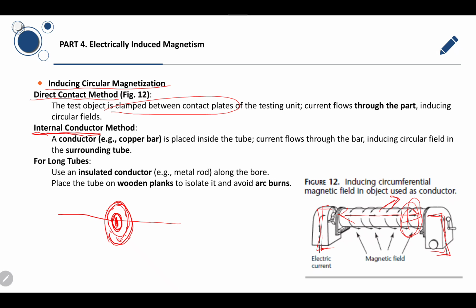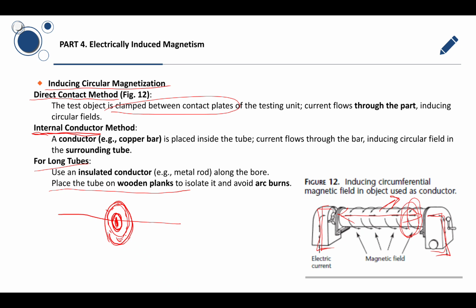For very long tubes, an insulated conductor is often used along the bore. It is also important to place the tube on wooden planks or other insulated material to insulate it and avoid arc burns if current tries to find an alternative path.